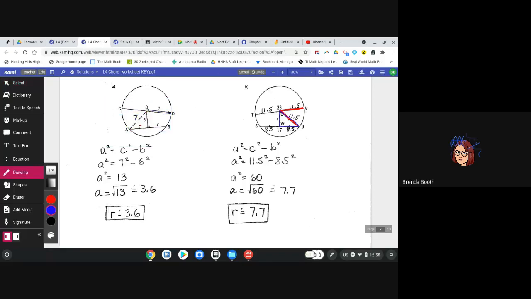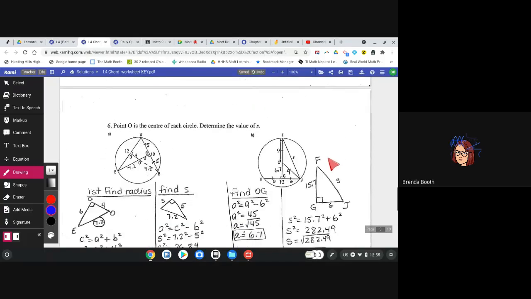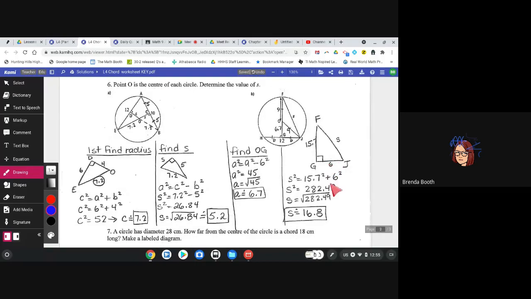This one won't be a great one to show you, but I'll show you on another one. But this whole idea of making a right triangle, you have to be adding a radius, or I suppose a diameter. You can't just add a random line somewhere and make a right triangle. It has to be a radius or a diameter.